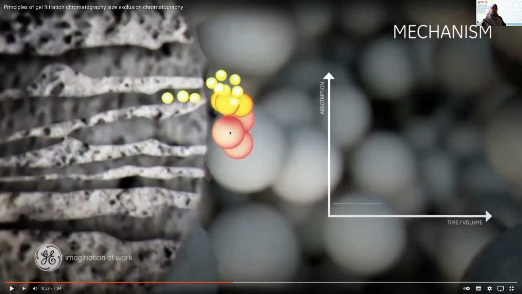The big protein cannot get into them, so it moves faster than the small protein. The small protein has time to get into the pores. The big protein cannot fit into these small pores, that's why it moves faster.